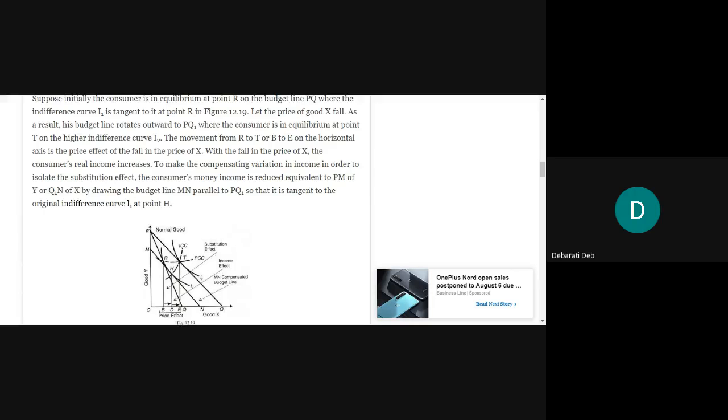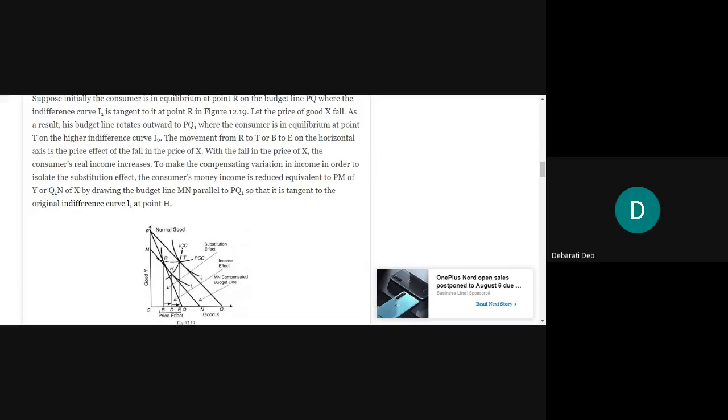His purchasing power will increase because he can buy more units of good X with the same amount that he was paying previously, because the price of good X has fallen.